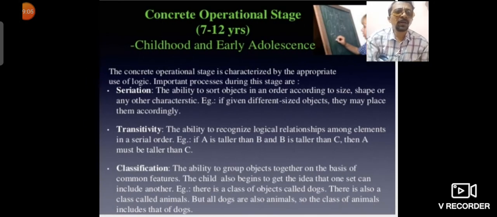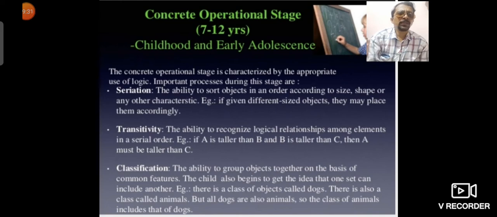The third stage is the concrete operational stage, that is 7 to 12 years. Here generally childhood and early adolescence children are coming. The concrete operational stage is characterized by the appropriate use of logic.